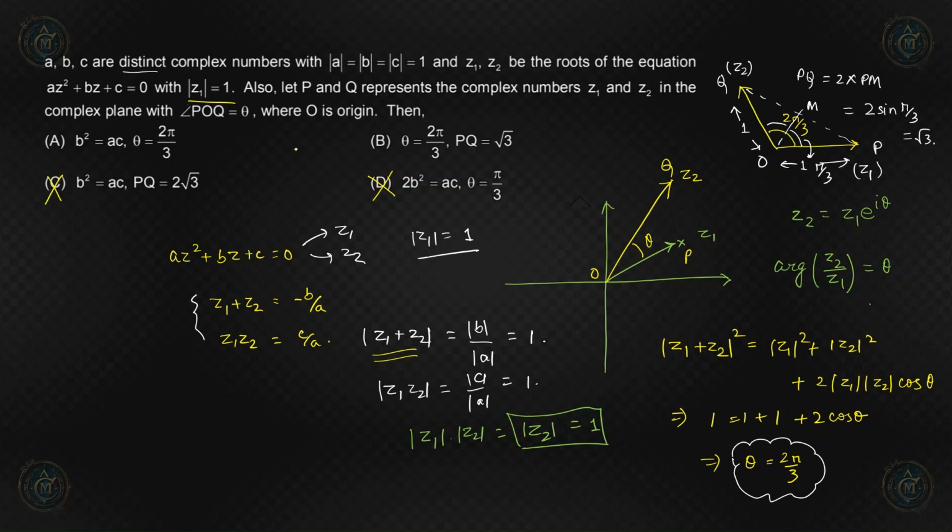So we have to check between option A and option B. Now what we have to check? We have to check whether this is true or not. Okay, B square equal to AC. Let's check. So we have Z1 equal to something. Okay, the information about Z1 is not given to us. Z1 may be an arbitrary complex number lying on this unit circle.